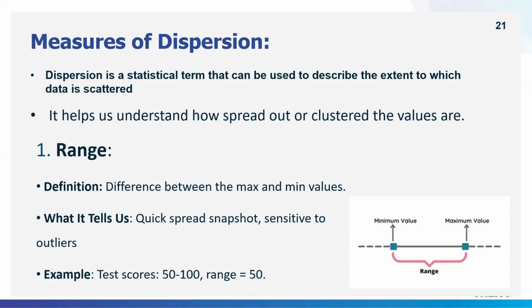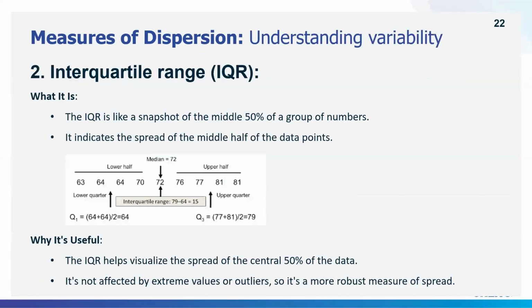However, you should note that since you are taking the maximum and the minimum value, this range is sensitive to outliers, and we should be careful when to use it.